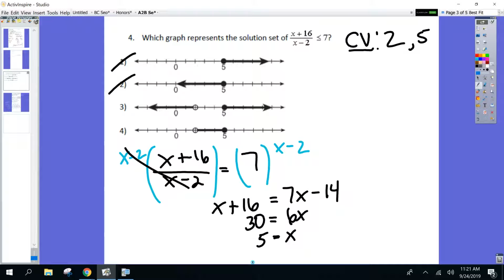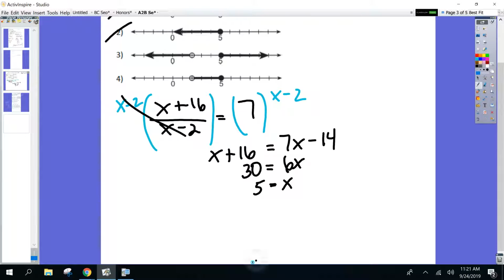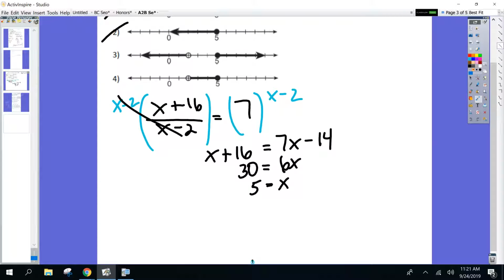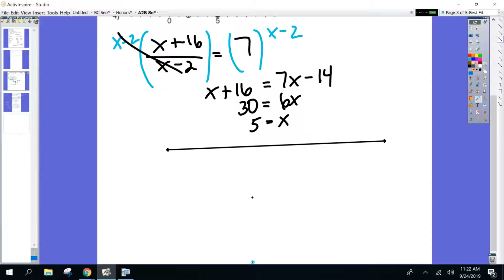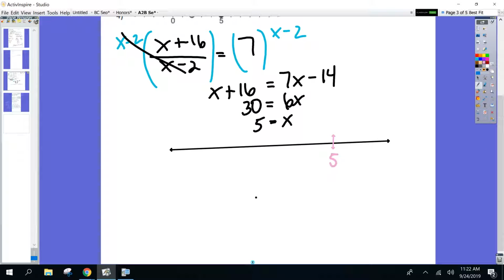Okay, where are both these going to go now? On your number line. 5 and 2, right? Let's pick 0, right? What do you want to pick in between? 3 and outside. There we go. Test them. See if they work.